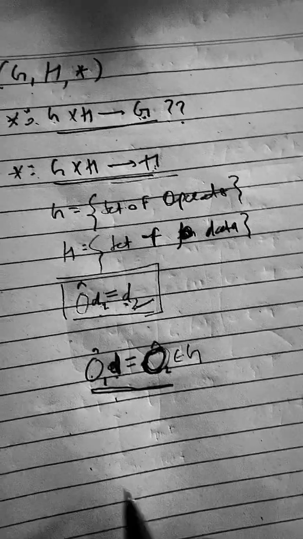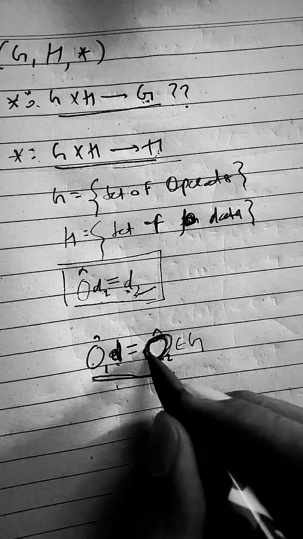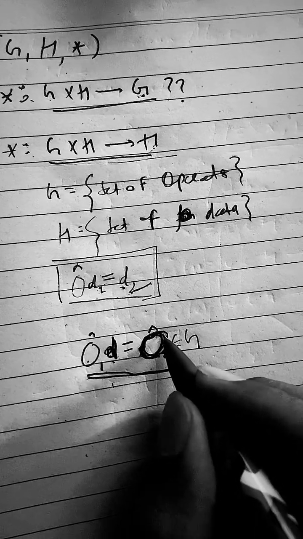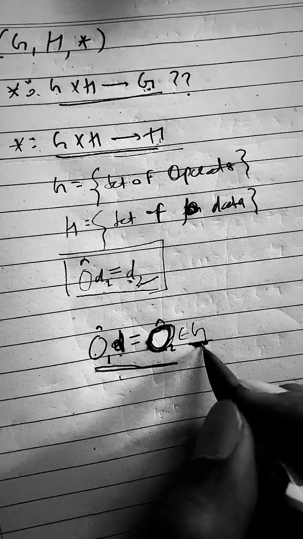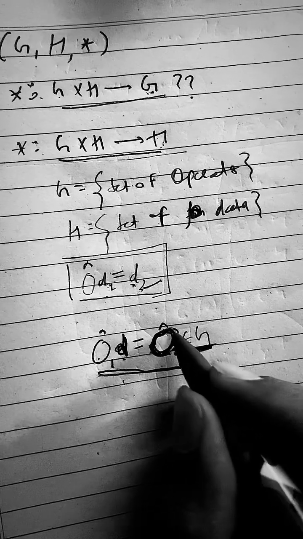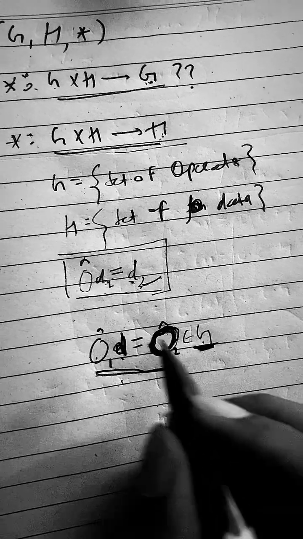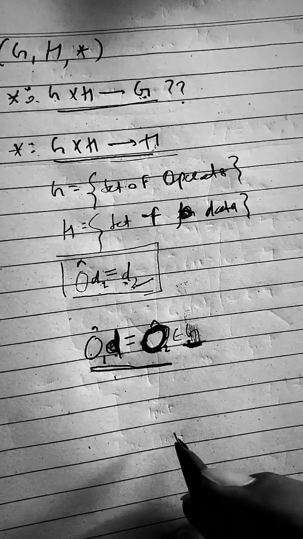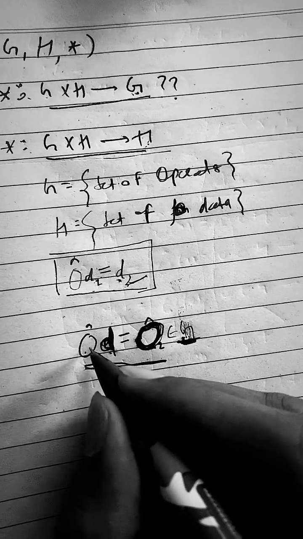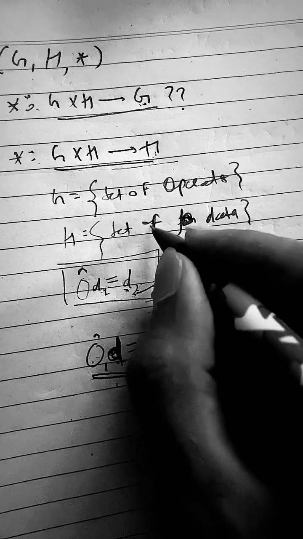So this output should not escape G. It means if this operator has to be in G, then this D should be different. The set H should be something else. Otherwise, this operator acting on some data produces some data, and the data is in H.